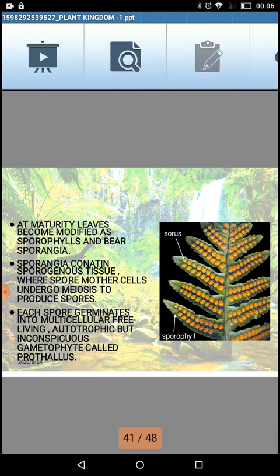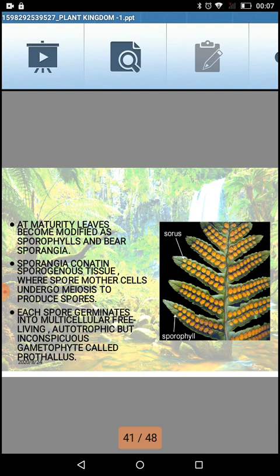At maturity, the leaves are modified as sporophylls and bear sporangia. That means these sori will have the presence of sporangia inside them. Inside the sporangia, the spores will be present, which will go ahead in the life cycle. Sporangia contain sporogenous tissues where spore mother cells undergo meiosis to produce the spores.